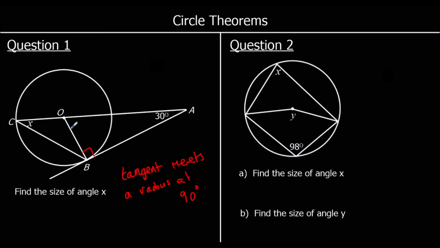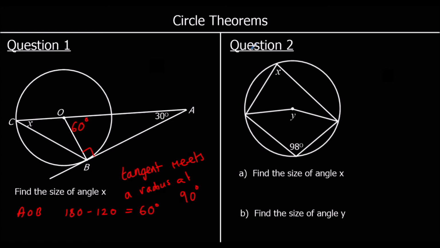So now we can work out AOB. So AOB, it's in a triangle with 90 and a 30. So 90 and 30 add up to 120. So 180 take away 120 is 60 degrees. So it must be 60 degrees because angles in a triangle add up to 180.